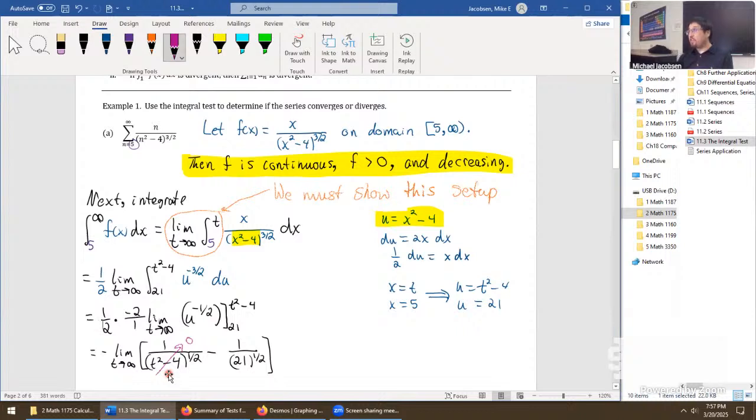Does that make sense to folks on the limit there? Awesome. That means we're done with the limit. We have 0 minus this, an extra negative sign that gets distributed in. So this is positive 1 over square root 21, which means it converges.